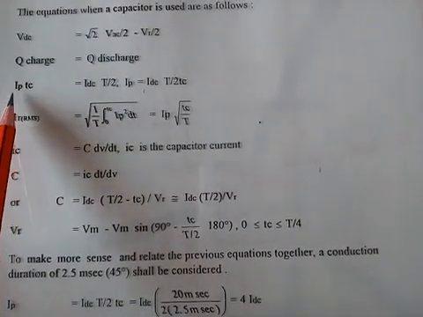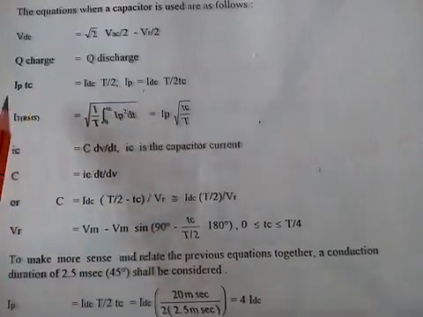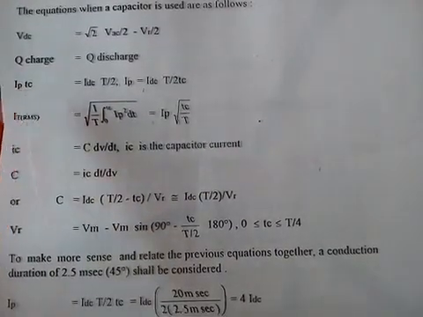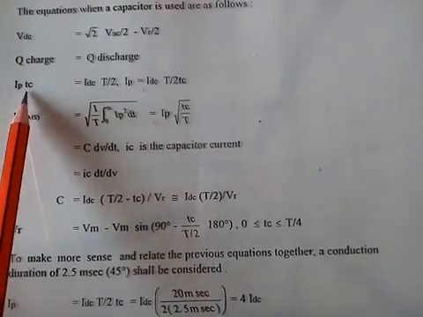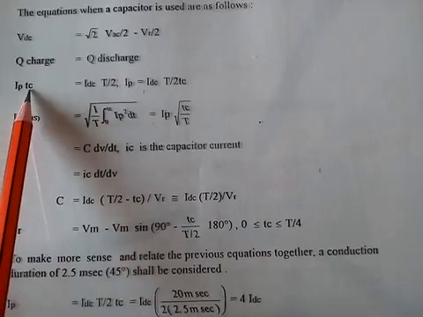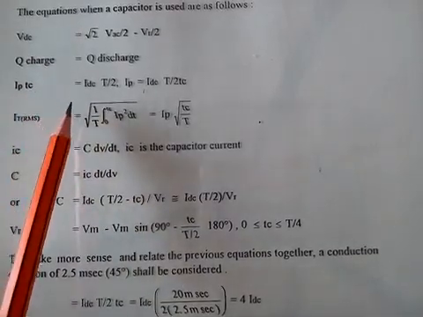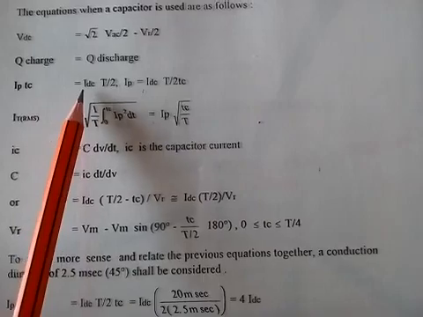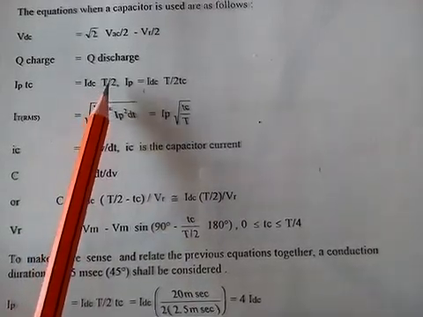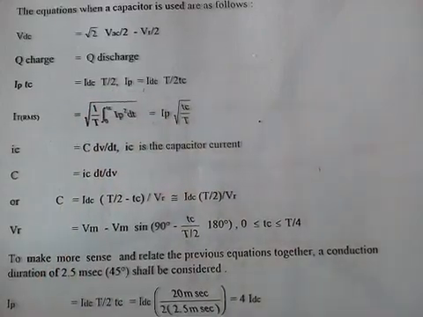Charge is always equal to current multiplied by time. So the I peak of that charging pulse multiplied by TC, that's the conduction time, the time at which the transformer will be charging the cap, must equal your DC current multiplied by half of the cycle, which is T over 2.